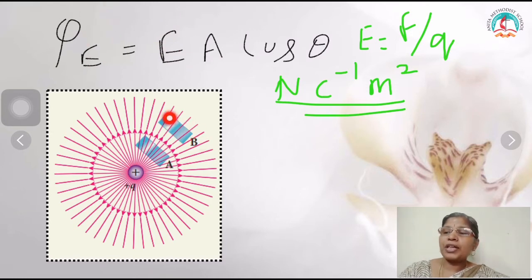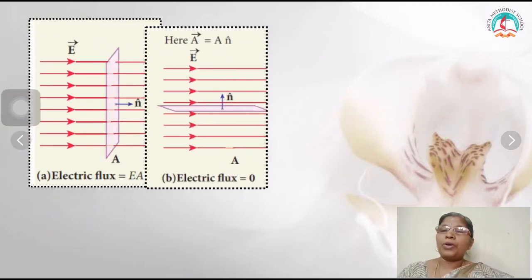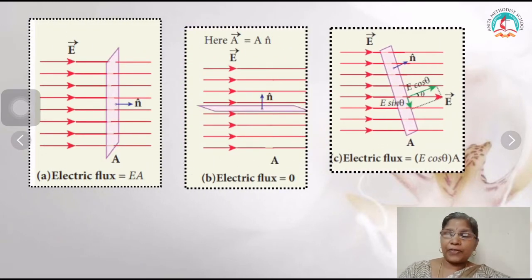Compared to that, on the B side the number of lines is less, then E value is less, so the electric flux on the B side is less. Okay, remember it.